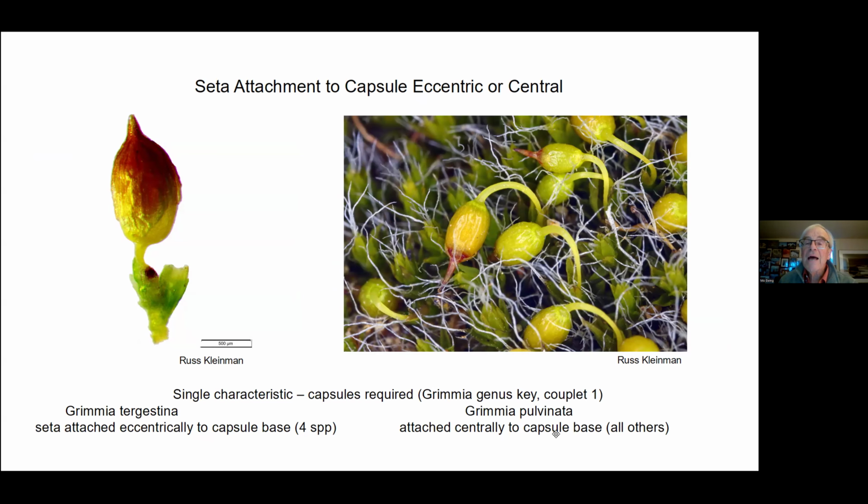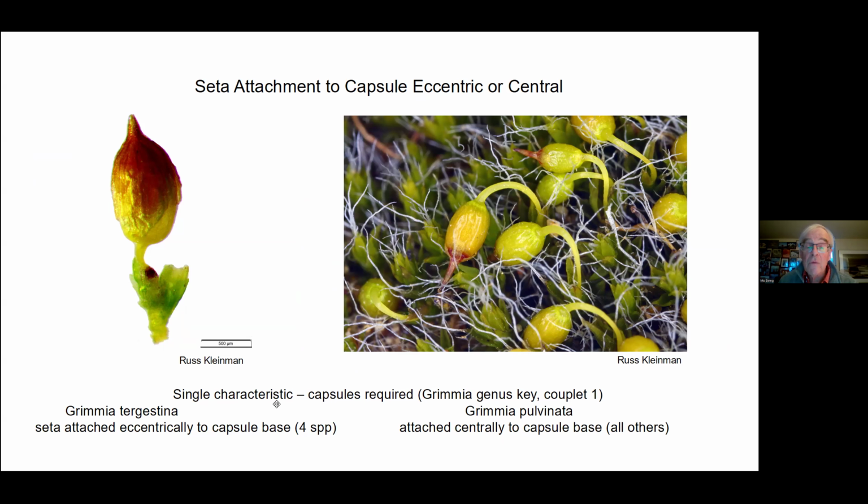You can see if this was attached centrally, that seta would be attached about here, but it's attached kind of on the outside. And in Grimmia pulvinata, you can see it comes right down into the center of the bottom of the capsule.